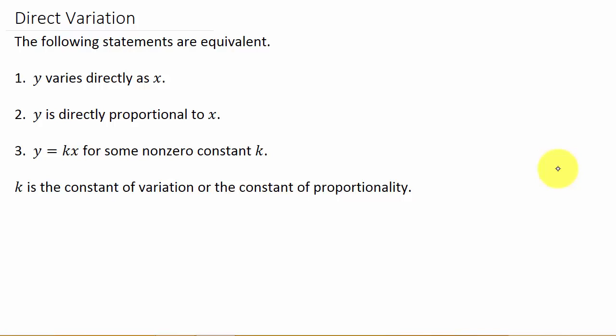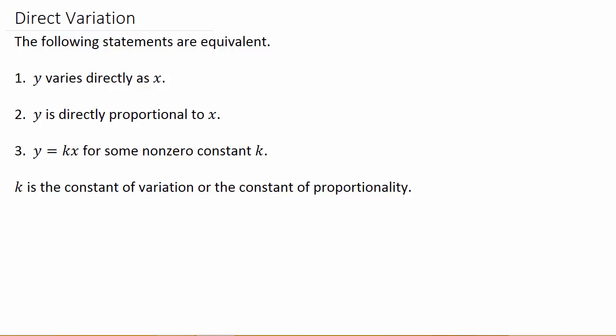If this is what they're telling you, then the equation you'll use is Y equals K times X, where K is some non-zero constant. K is the constant of variation or the constant of proportionality. So whenever they say Y varies directly as X, you know this will be your equation: Y equals K times X.